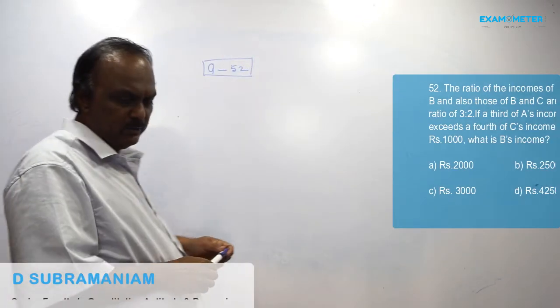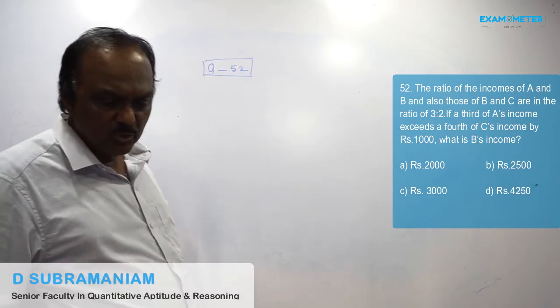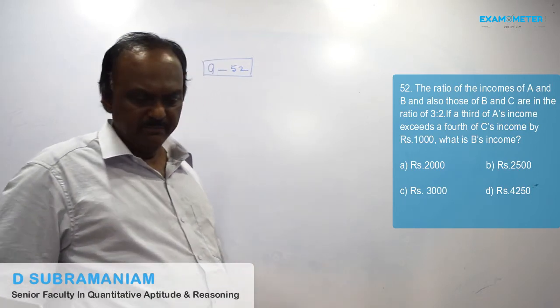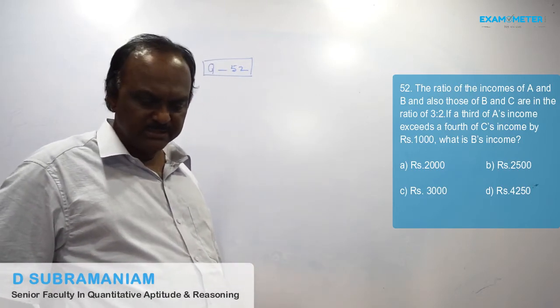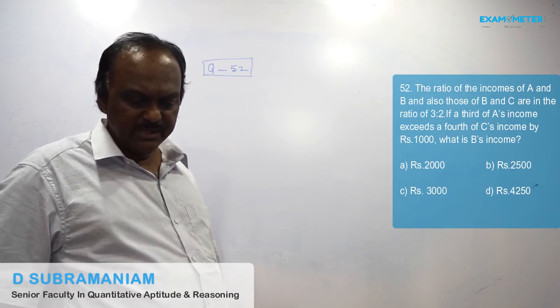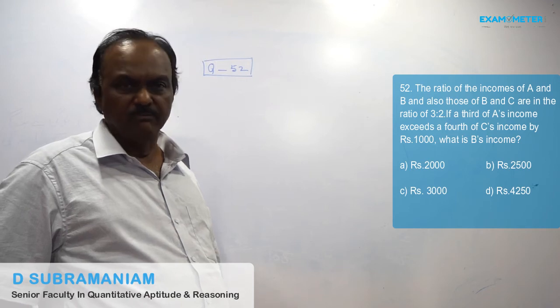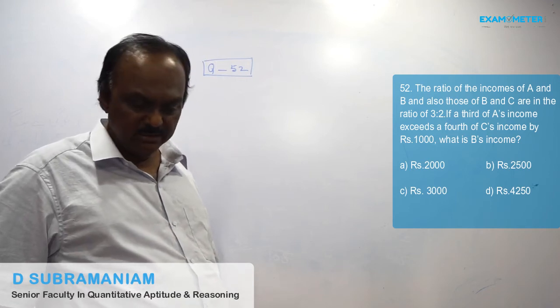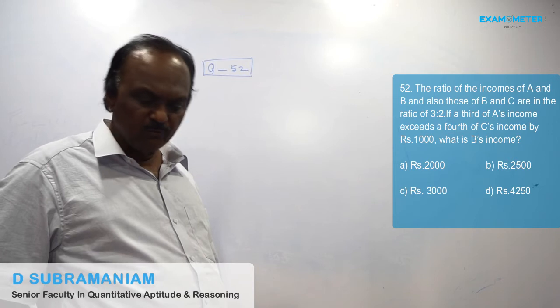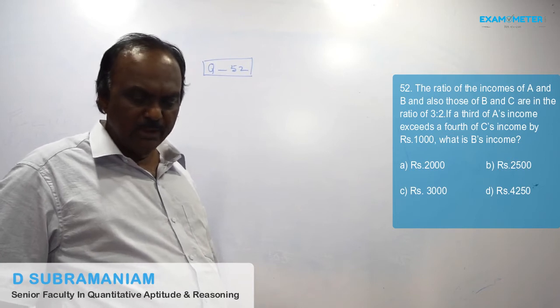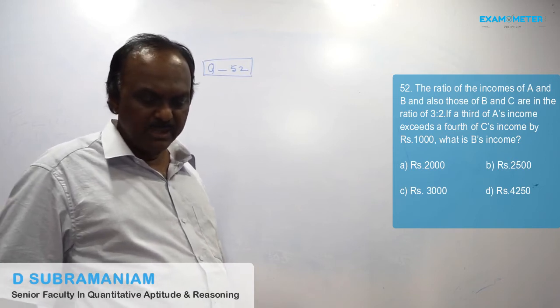Question number 52. The ratio of incomes of A and B and also that of B and C are in the ratio 3:2. If a third of A's income exceeds 1/4 of C's income by rupees 1,000, what is B's income?